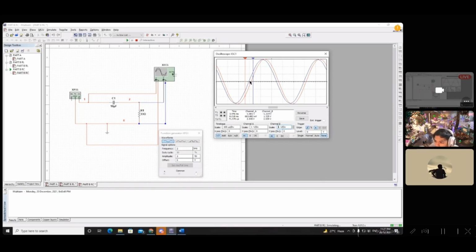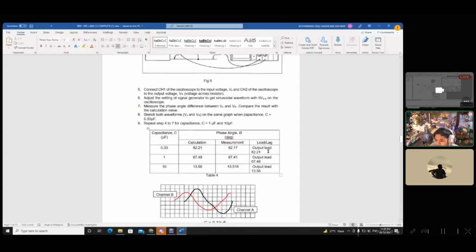We can see that the output leads channel A, which is the input. So we can write: output leads 82.21 degree, output leads 67.48 degree, output leads 13.56 degree, which is the phase angle.